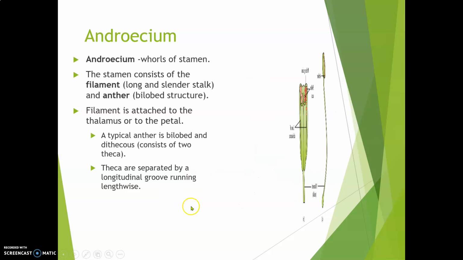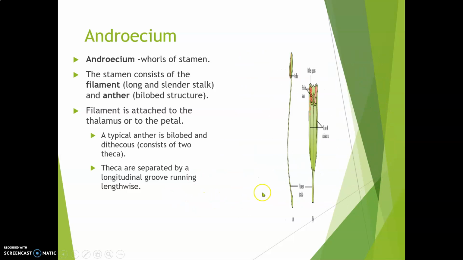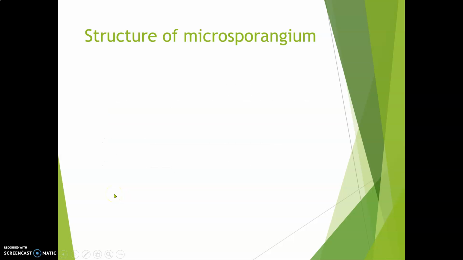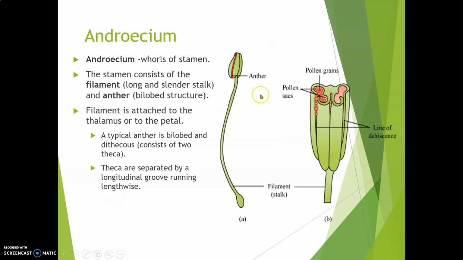So let's discuss it here. Look at the diagram. Once you look at the diagram, you will see the structure of this part that we call the anther. In the anther you can see two different parts separated by the longitudinal groove.